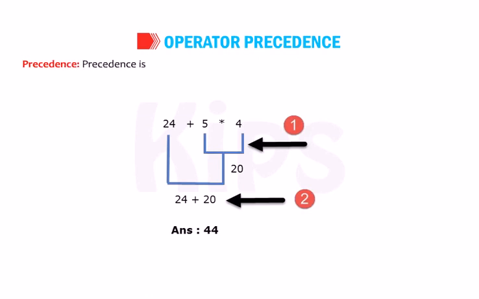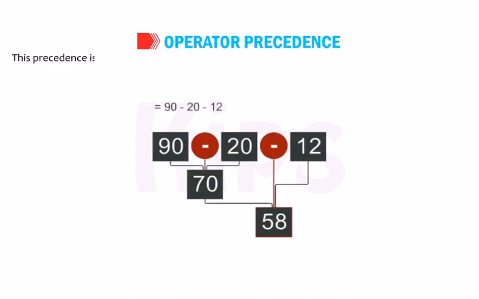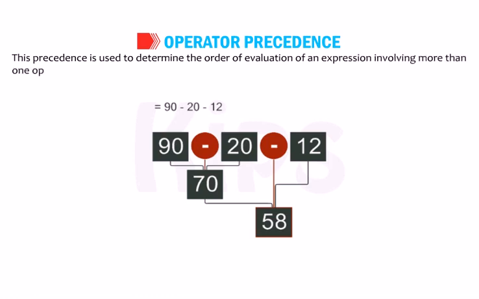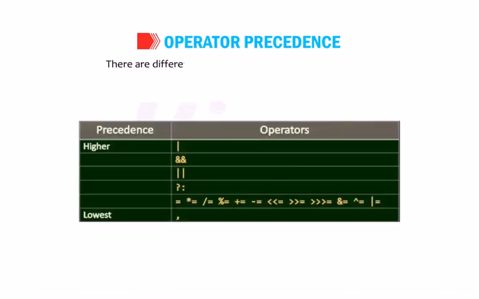Precedence is the priority order of an operator according to which it is evaluated. Each operator has precedence associated with it. This precedence is used to determine the order of evaluation of an expression involving more than one operator. There are different levels of precedence from high to low. An operator belonging to a higher level is evaluated first.